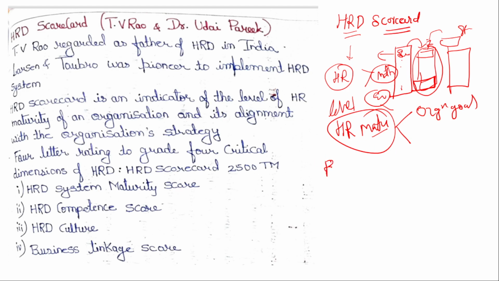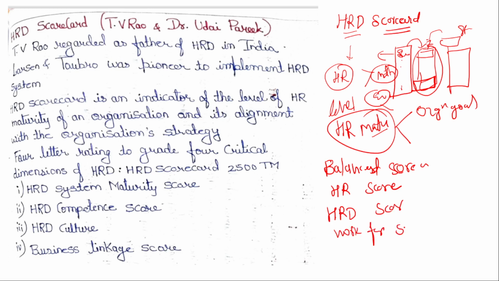There is a concept called the balanced scorecard. There is the HR scorecard, there is the HRD scorecard, and the workforce scorecard. They are respectively doing their work in the given dimension.